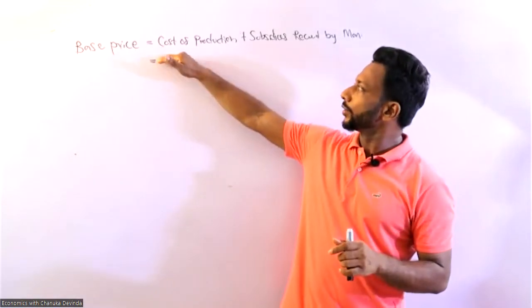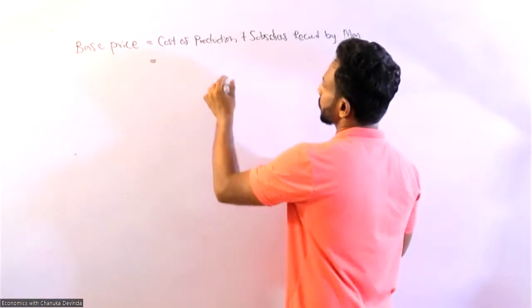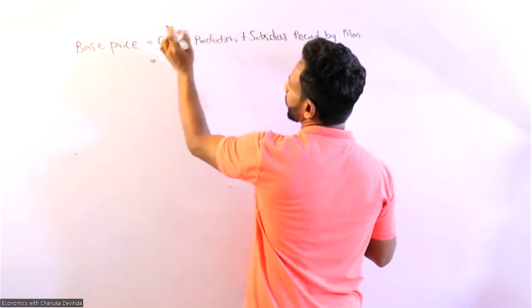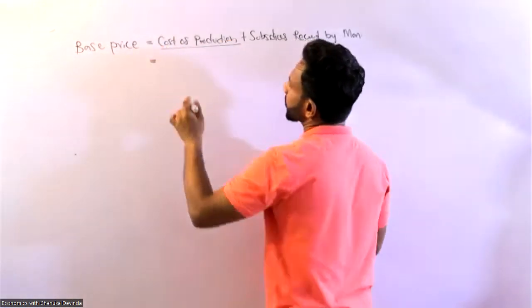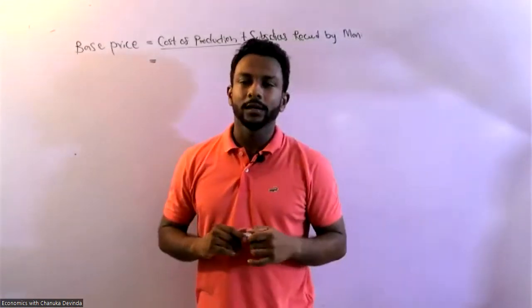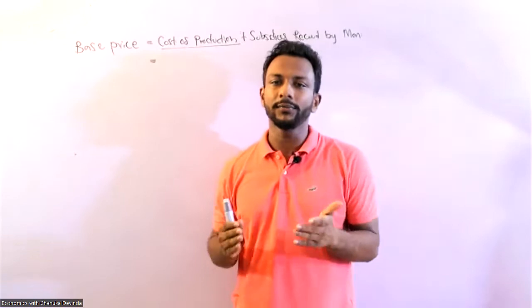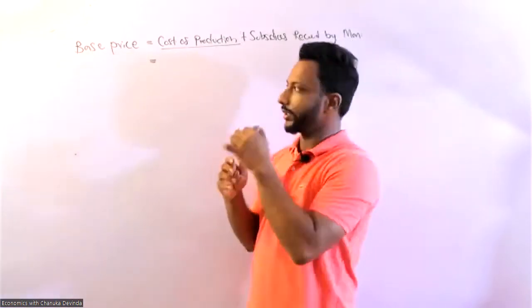It includes the cost of production plus the profit margin actually, the profit margin of the manufacturers, right? The profit margin is the cost of the entrepreneur factor, so it is already included here.